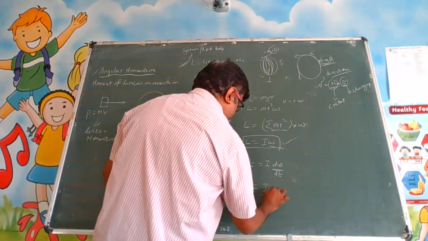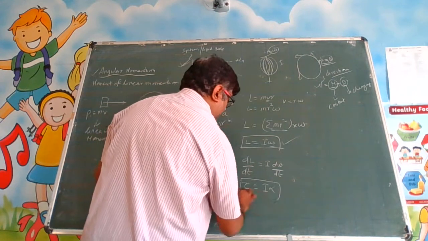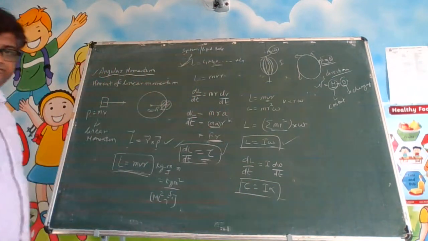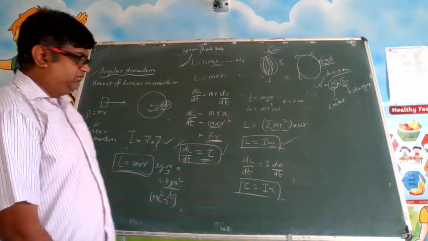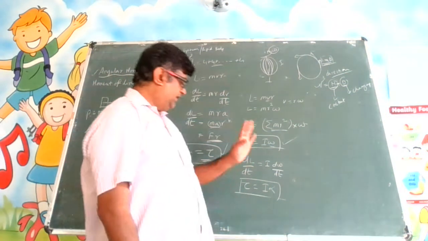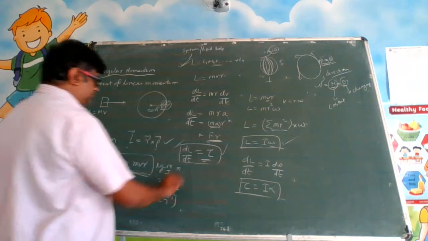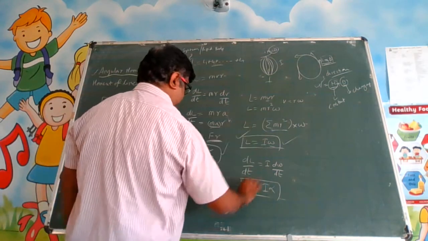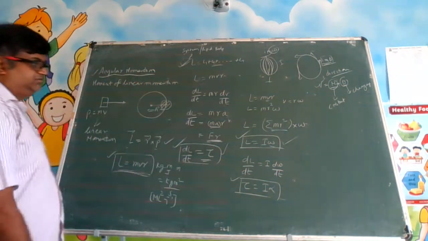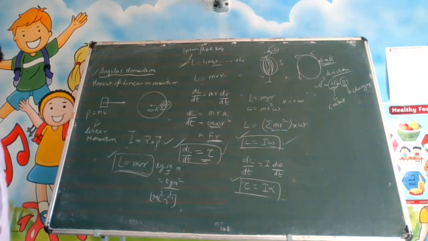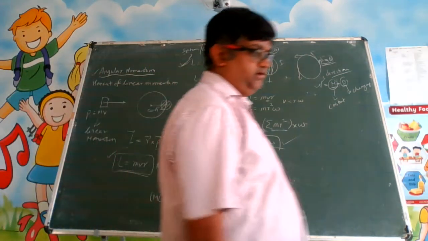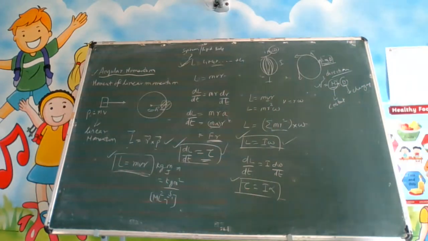So torque is equal to another very important expression, I alpha. So how many expressions do you have to remember? You have to remember this, this, this and this. These are very useful. Okay? So make a note of all these points and take a screenshot. They are very important.